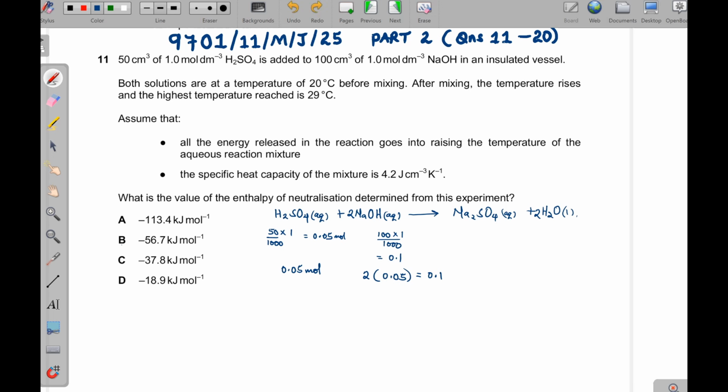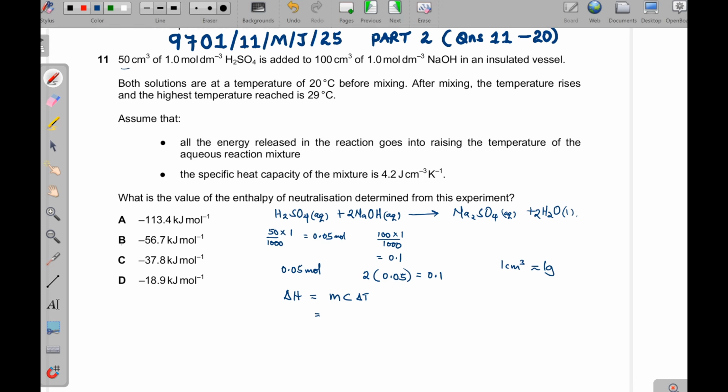Now we know that energy change is equal to mc, sometimes we put theta, or change in temperature. For the mass, all of these are aqueous solutions, and you add them together and cause the reaction. Remember, we assume that 1 cubic centimeter is equivalent to 1 gram.